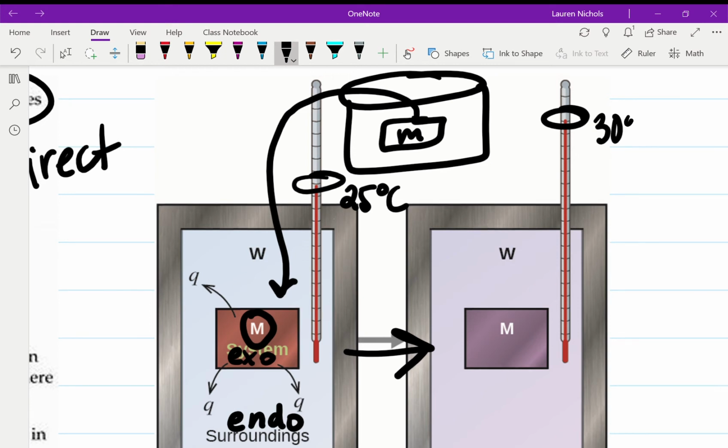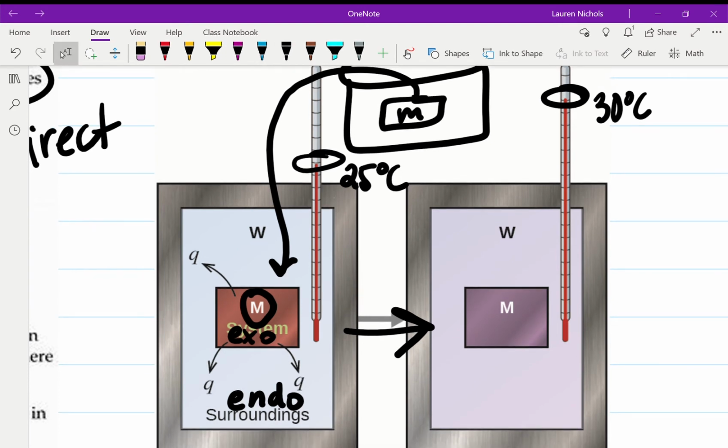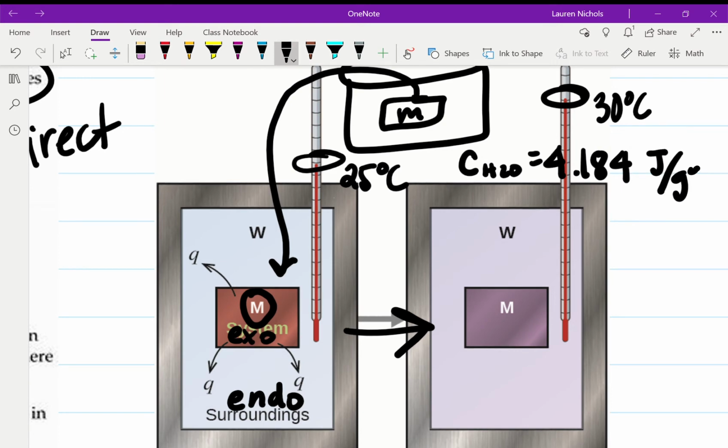Maybe this is 30 degrees Celsius. And we know that that's not a big change, but we know that the specific heat of water, so C of water, is equal to 4.184 joules per gram degrees Celsius.